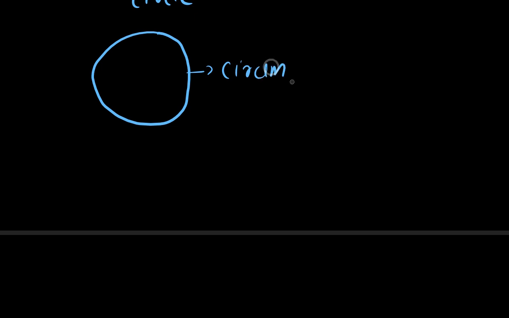Next, we are going to check what the parts of a circle are. First, this is a circle. Then the circle boundary is known as the circumference.